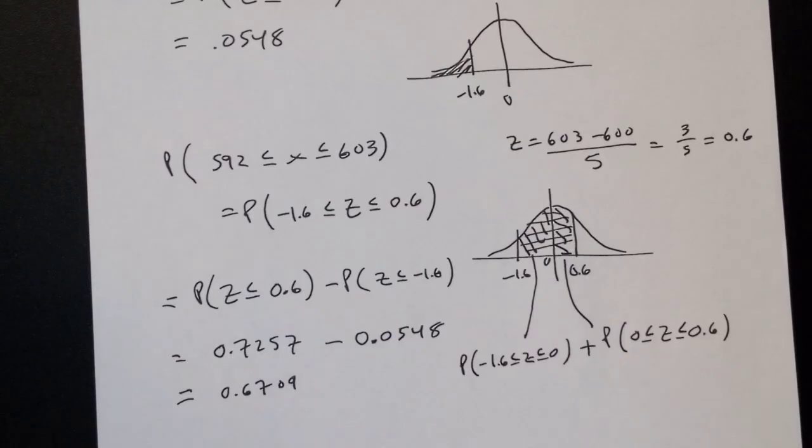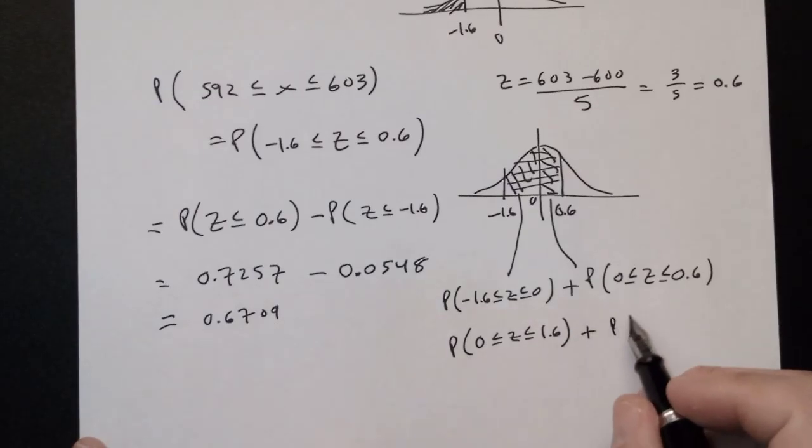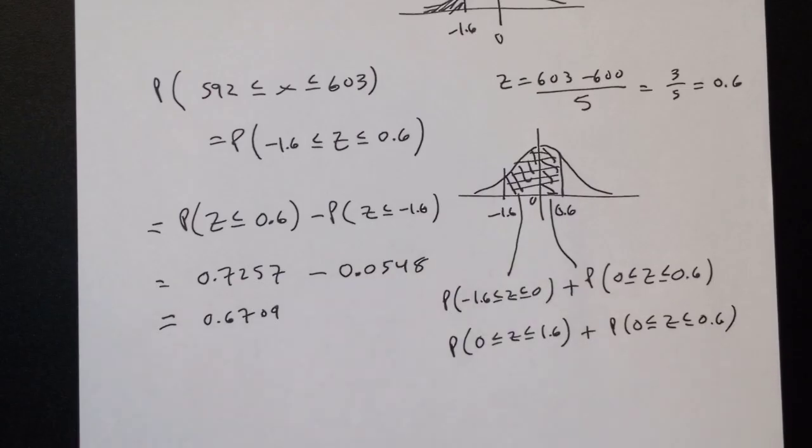But the side on the left is the symmetric version if I do positive 1.6. And now those two numbers can come off of table C1.